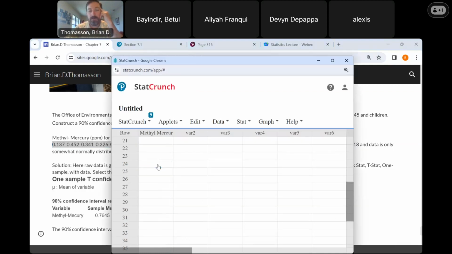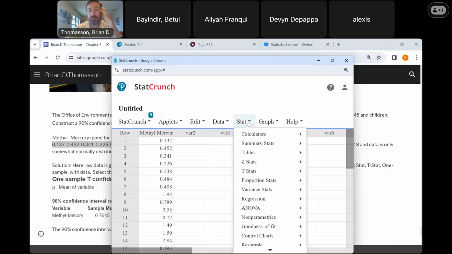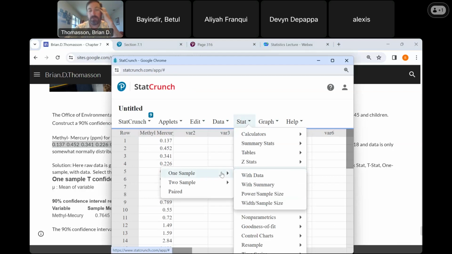I've entered all these methylmercury values in the first row. When you get to your homework or quiz questions, you can copy and paste it in there, or open it up in StatCrunch. We do it very similarly. We go under Stat, T Stats, and One Sample. But now we don't have a summary, we have the raw data, so we go with data instead of with summary.